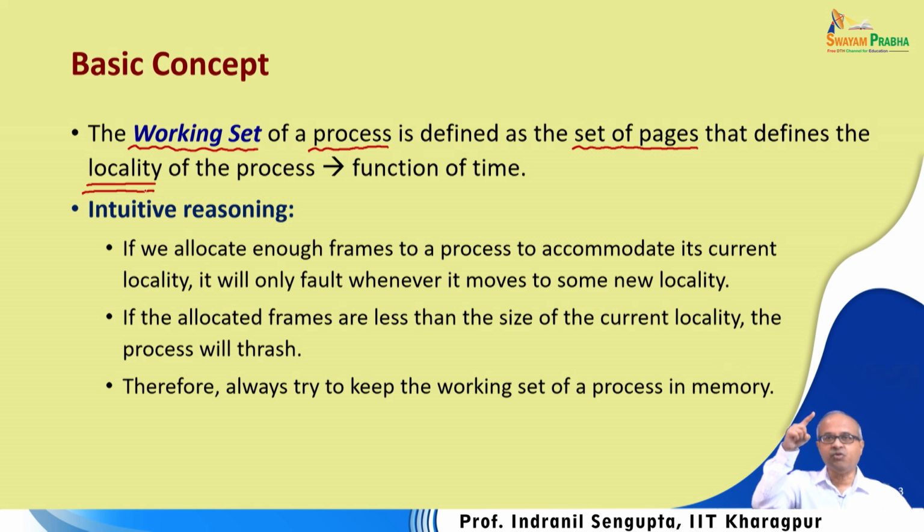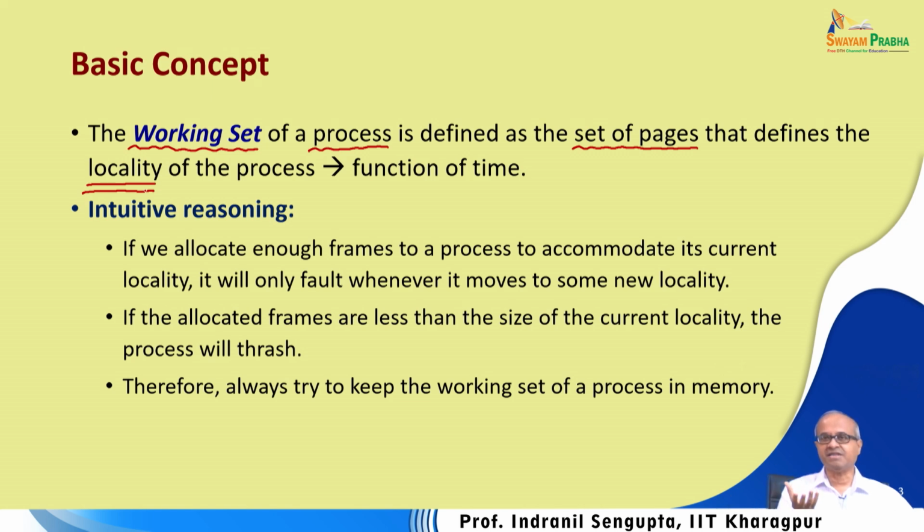Let us say initially one loop of the program was executing, so certain pages were being referenced during that time. Later on, when the program advanced, some other loop might be executing, so some other pages might be accessed frequently. So, the locality that we are defining as the set of pages that are accessed frequently can change over time. It is not something fixed.